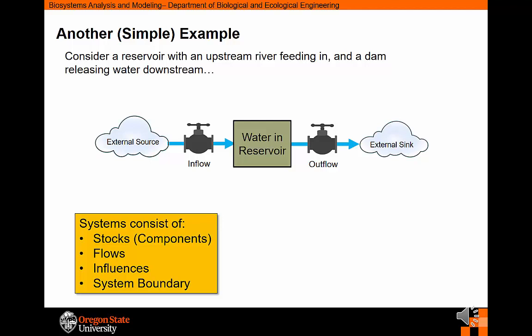From a systems perspective, we could represent this system as a stock of water in the reservoir affected by two flows, depicted by the inflow and the outflow valves on the figure. Additional elements we might want to consider are influences that affect the stocks and flows. It is also helpful to think about a system's boundary that defines what is in and what is external to our system representation.